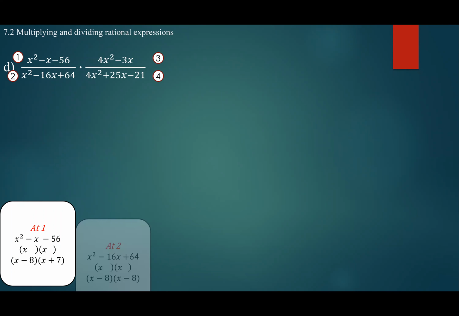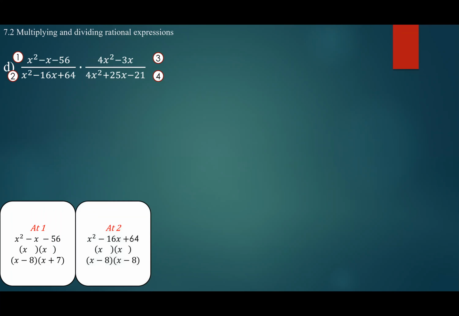At 2, what do I have? Well, are there 2 numbers multiplied to give me 64, but add together to give me -16? Which is -8 times -8. -8 times -8 will give me positive 64. -8 and -8 will give me -16.